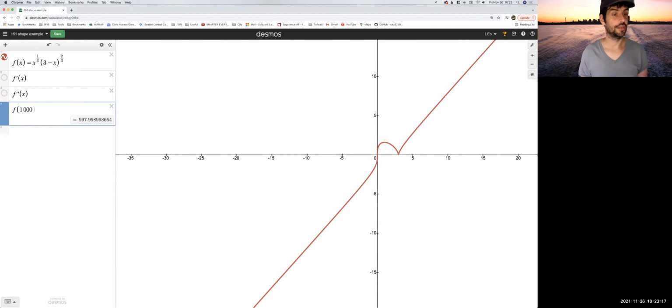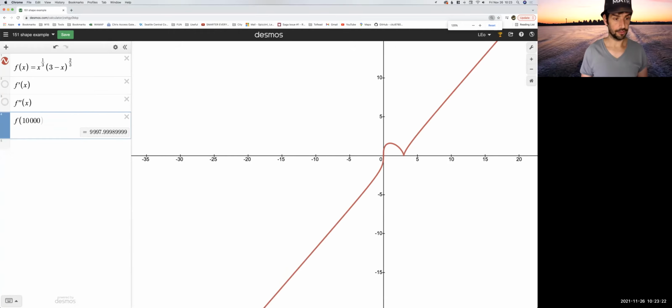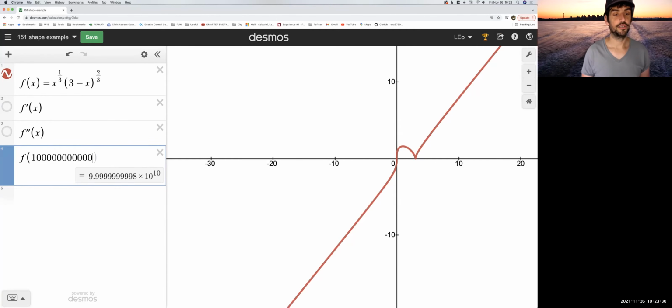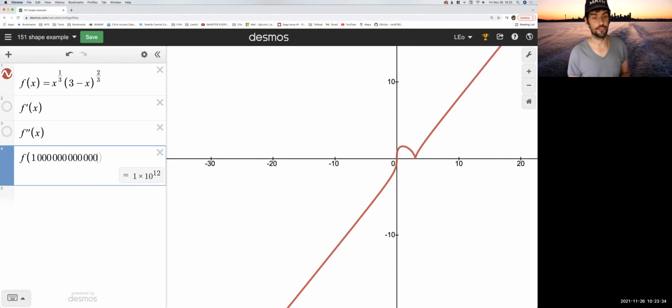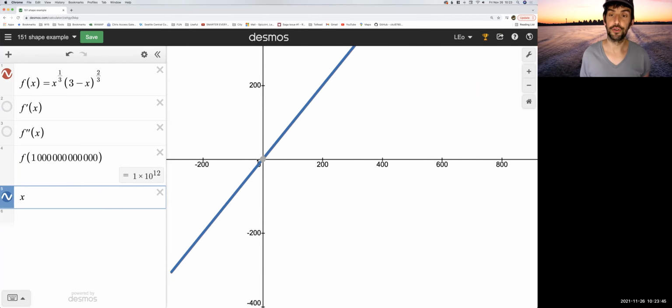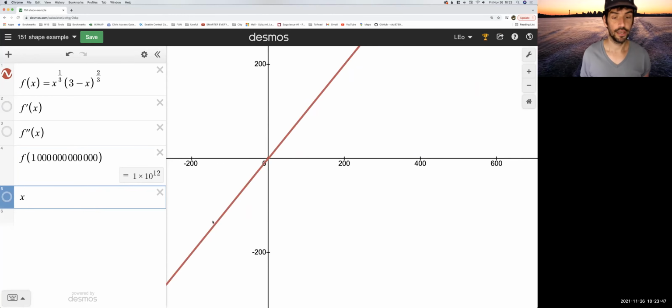At 1,000, we get really close to 1,000 as our output. This isn't big enough. So you can just see as I'm adding zeros, the outputs are becoming incredibly close to the inputs, where at this point the computer doesn't even notice the difference. The difference is so small relative to these numbers that it doesn't notice. So that's why this graph begins to look like this line. As we get further and further away, they look very similar.